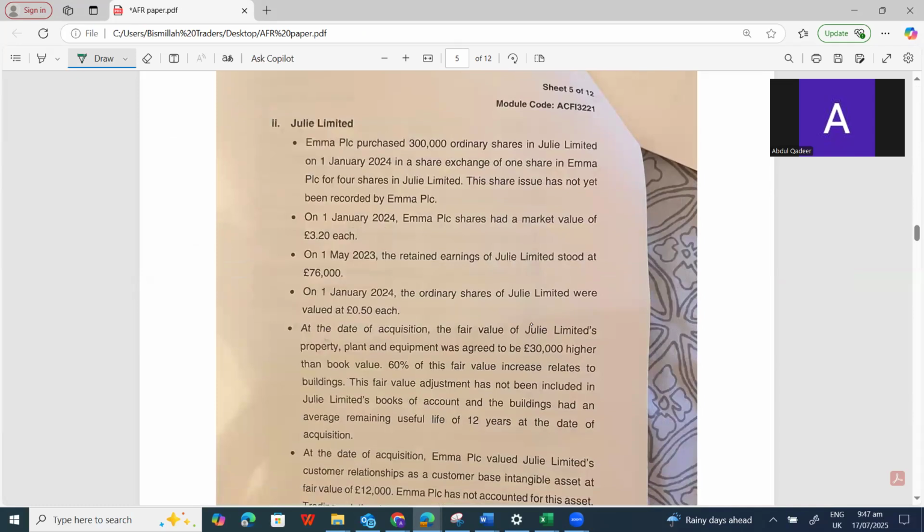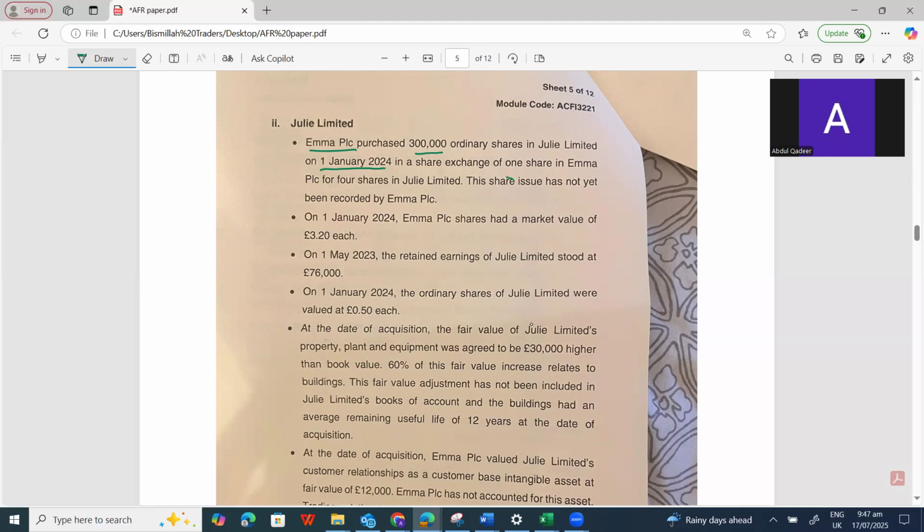Now, Emma Public Limited purchased 300,000 ordinary shares in Julie Limited on 1st January 2024. Look, as I have told you, the dates are very important. On 1st January, what's the year end? Year end is 30 April 2024. What's the start date? 1st May 2023.